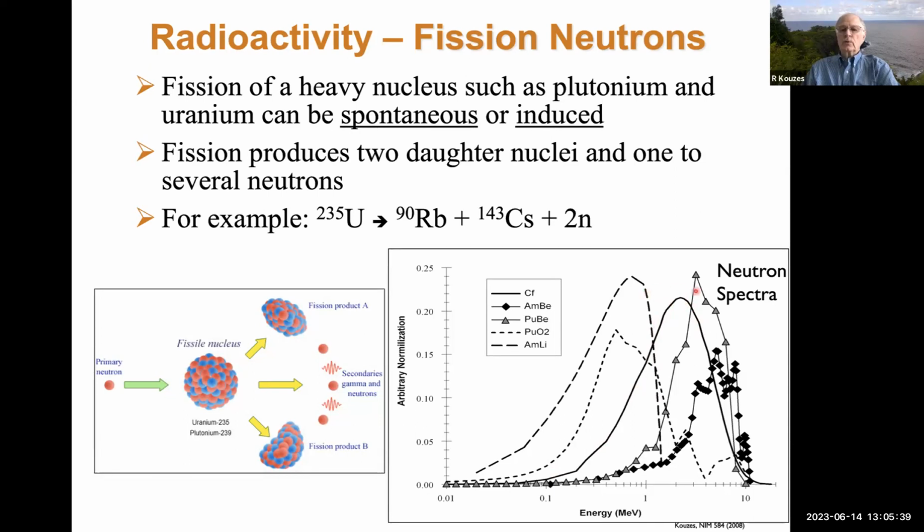The other curves shown here are other neutron sources, which are typically forms like americium-beryllium, where the americium alpha particle excites the beryllium and causes a neutron emission. So you can get neutrons of various energies. Fission gives you energies all the way up to around 10 MeV and all the way down to low energies. And these other neutron sources can be up to slightly higher energies and of course, spanning the entire range of energies.